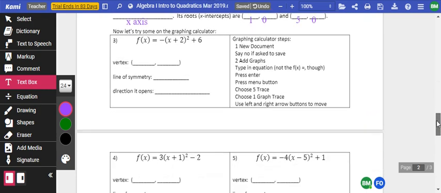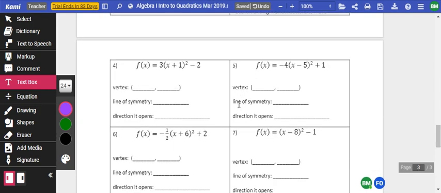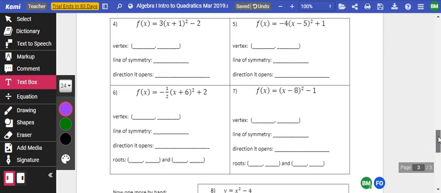Okay, so we're going to skip down right here, and I'm just going to do one of these. I think I'm just going to do number 6 on Desmos. So we're just going to show how that works.